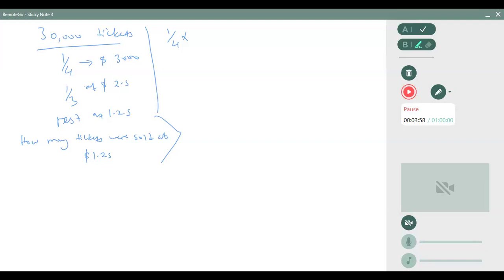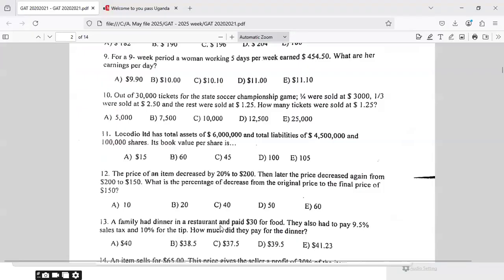Number 11, Lukodio Limited has total assets of 6 million and total liabilities of 4,500,000 and 100 shares. Its book value per share is what? Andrew, we are not seeing the question. I'll come back for number 10.